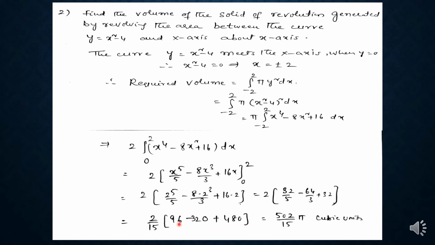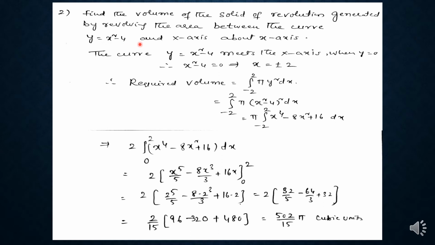So 480 plus 96 minus 320 is 256, into 2 by 15 is 512 by 15 pi cubic units.